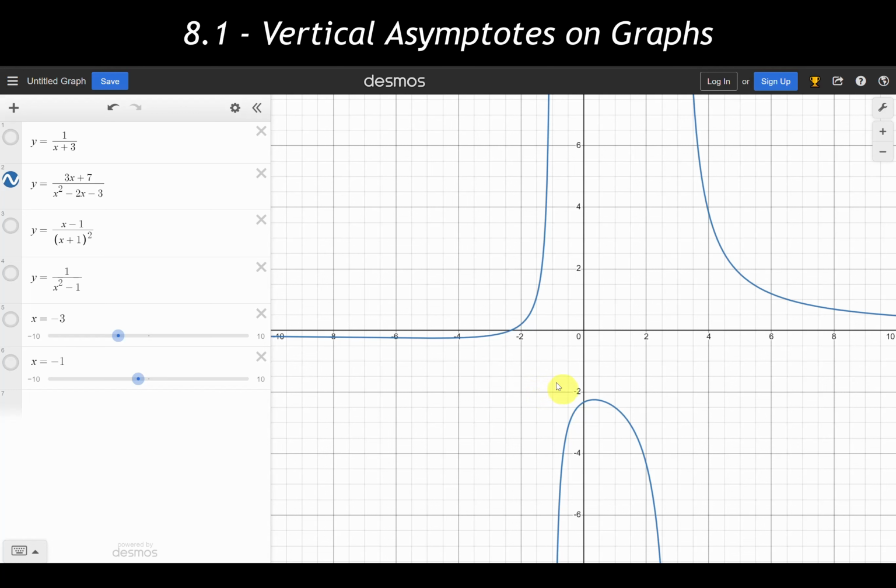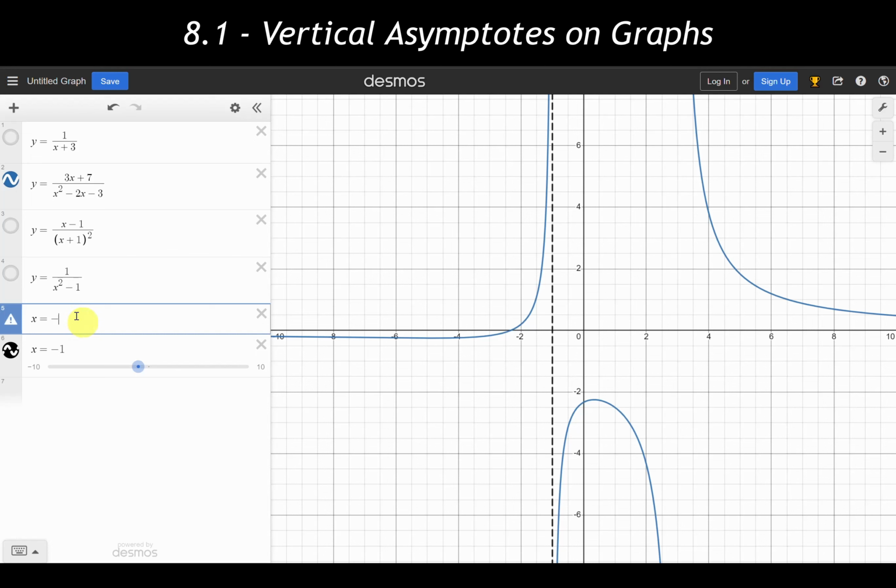If you remember in example 2, we had 2 different asymptotes showing up. We had one at -1, so somewhere right along here. Turn that one on, so you see that showing up. And we calculated our other asymptote at x equals +3. So we'll adjust this a little bit, make that a +3.